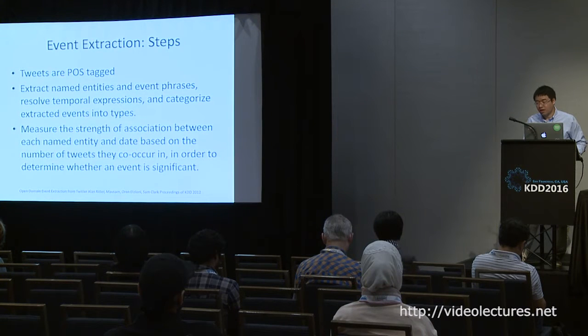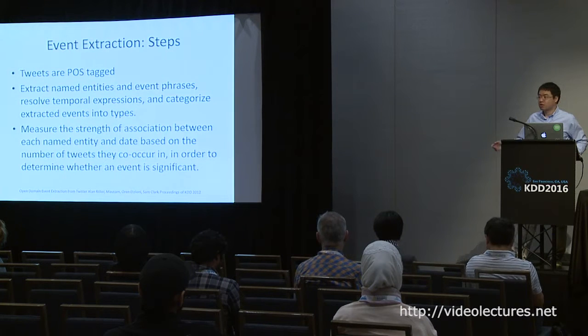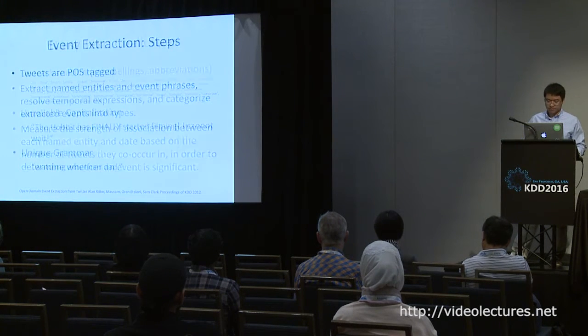And this is important, as I said in the previous examples, because the Twitter event detection algorithm can show something like morning Fridays, which is not very important compared to what we actually want.